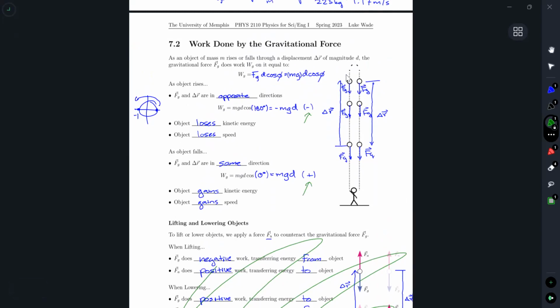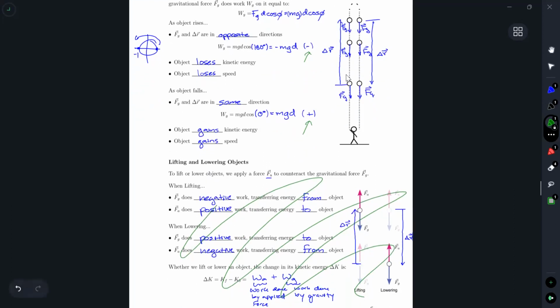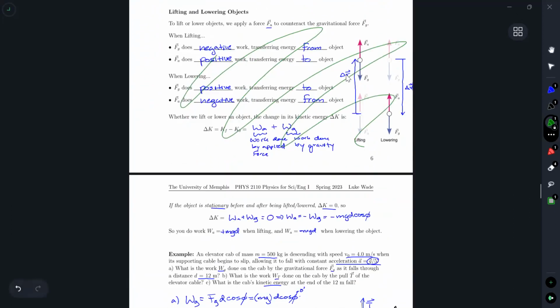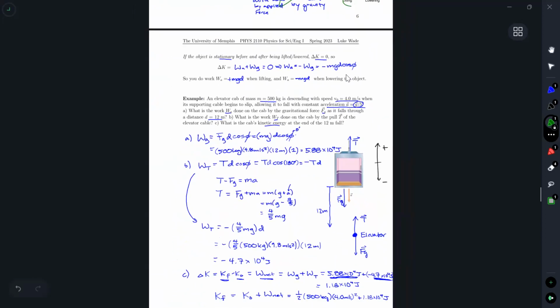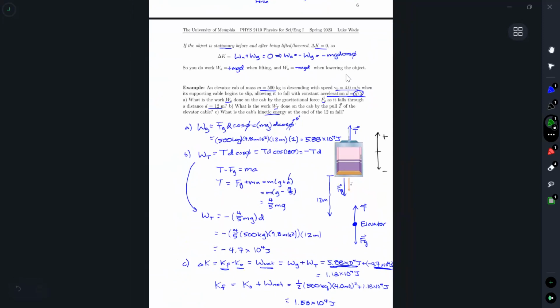How we actually use these ideas is when we talk in terms of potential energy. And that's when we stop looking at the work done by gravity, look at negative that work, because that's a change in potential energy. So for things where you've got something moving up and down, probably want to think in terms of gravitational potential energy rather than the work done by gravity.